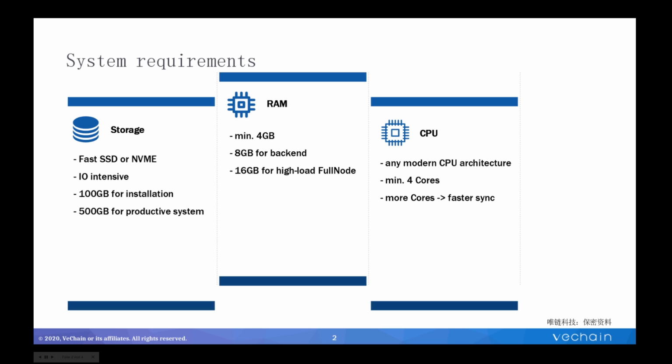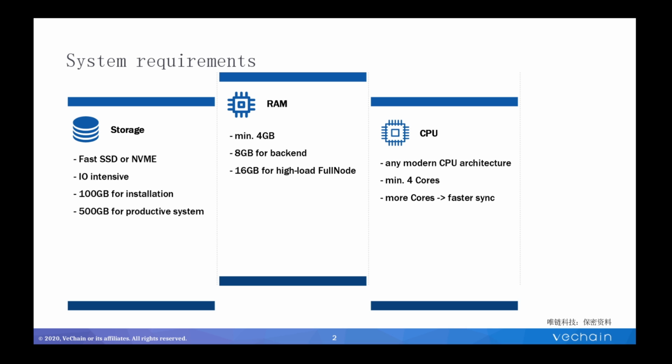The system requirements for a VeChain node are pretty decent, but there is one thing that you need to consider. The storage has to be SSD storage or NVMe storage. It simply has to be flash storage because it's very I/O intensive, and if you run it on an HDD, the system will be very slow and it will take days for the first synchronization.